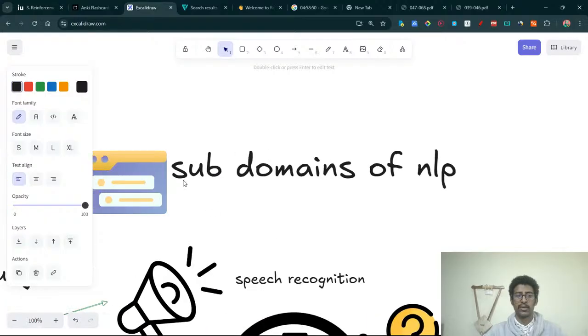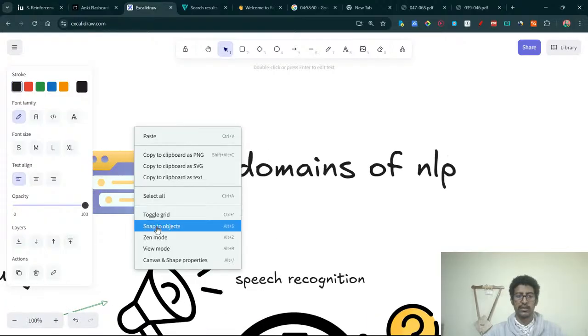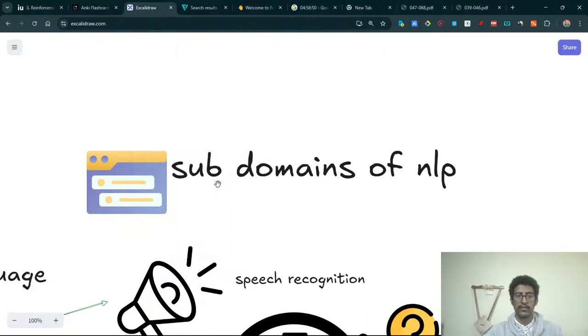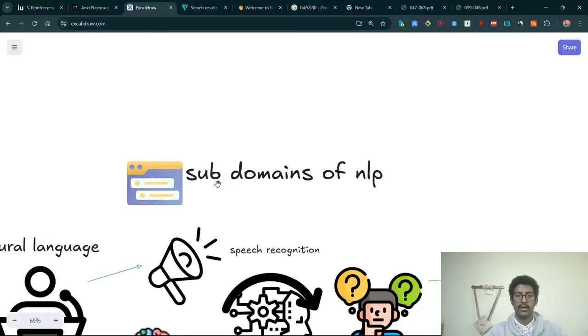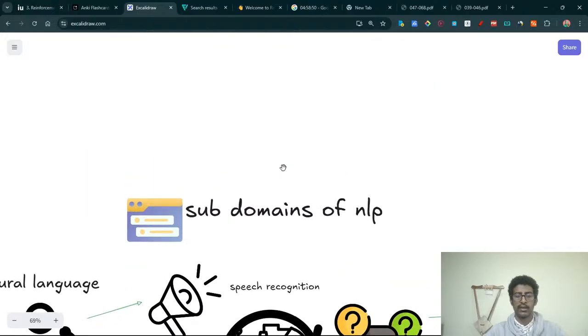So NLP is natural language processing, which means you teach a machine to interact in a human way.